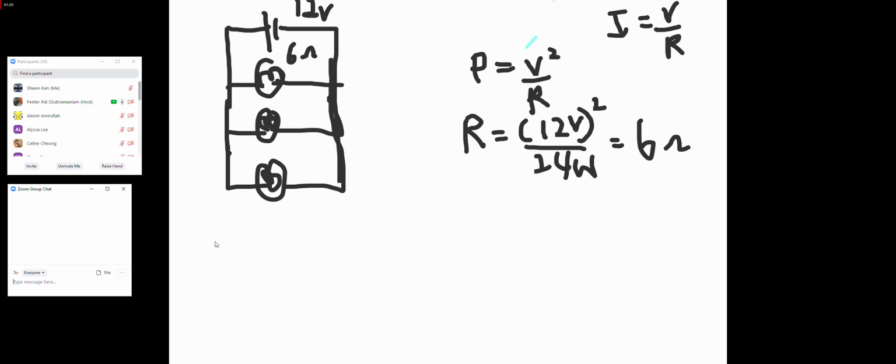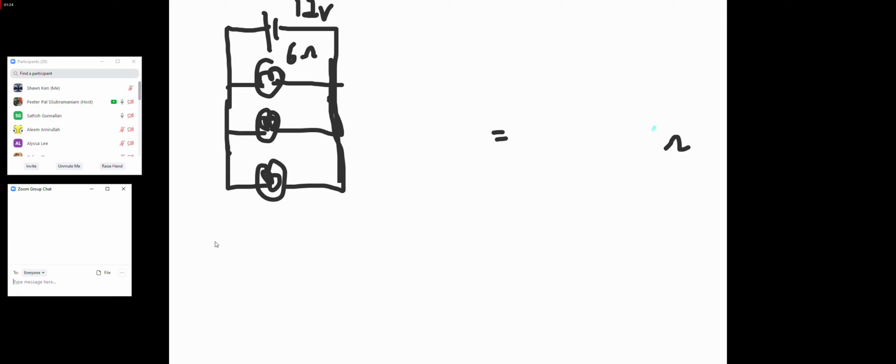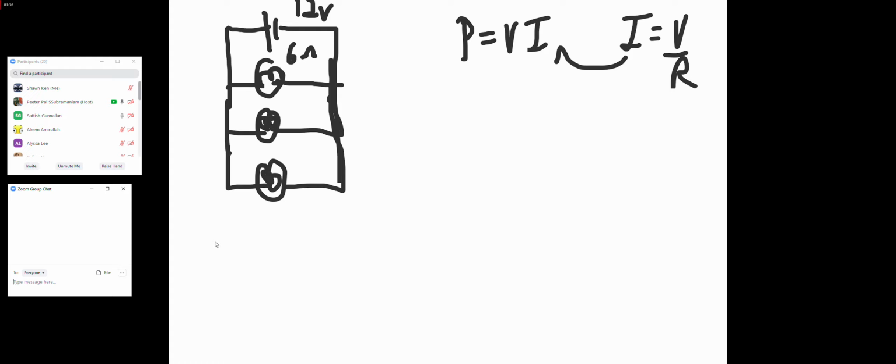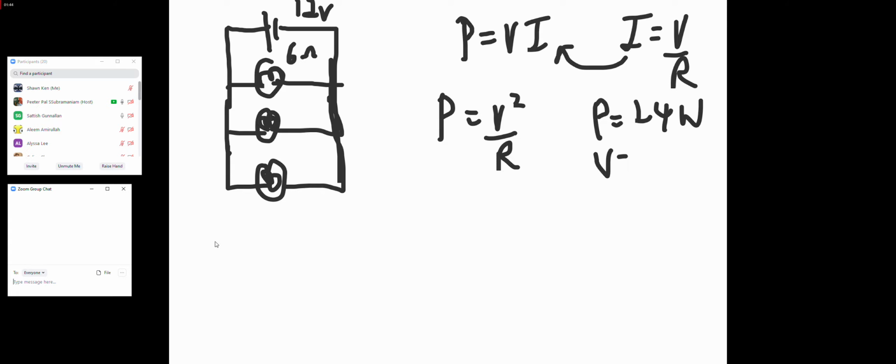Now we know that each bulb is 6 ohms. Teacher, why was the voltage squared? Because the formula is P equals VI, and I equals V over R. Substitute here, you get P equals V square over R, because we were only given the power of the bulb, 24 watts, and the voltage across the bulb, 12 volt.